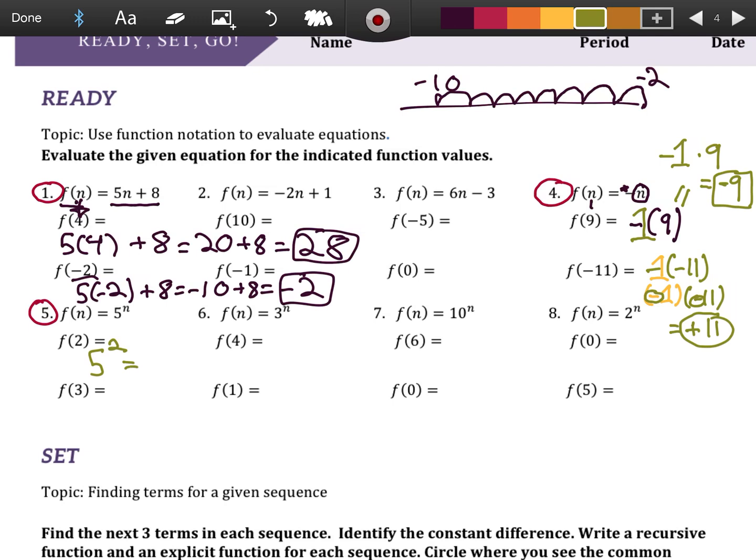For 5, instead of n, I'm now putting 2. But we don't just want to leave that answer there, do we? 5 squared, I could rewrite that as 5 times 5, and then evaluate that to just 25. Then how about for f of 3? Instead of n, I'm putting 3. I can treat that as if it's 5 multiplying with itself 3 times.